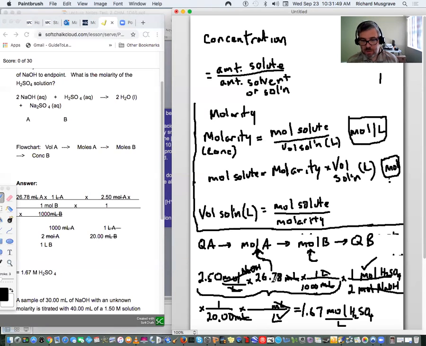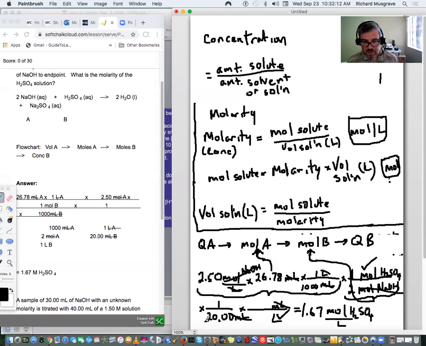By doing all of that, we end up getting moles of sodium hydroxide. This next part that I'm putting under the bracket here gets us to moles of B, which is moles of H2SO4, and that's where we use the reaction.